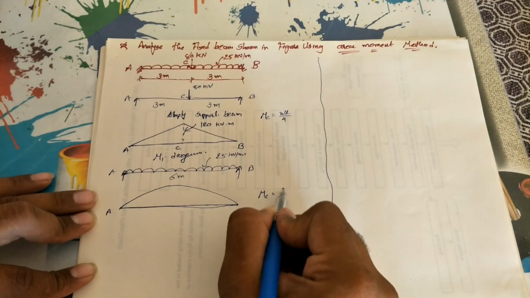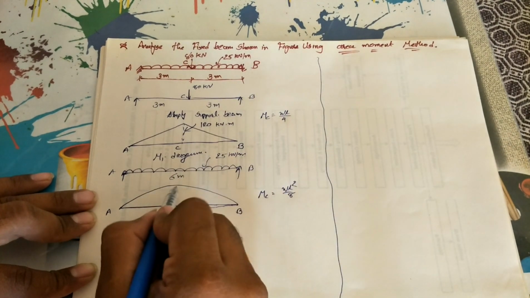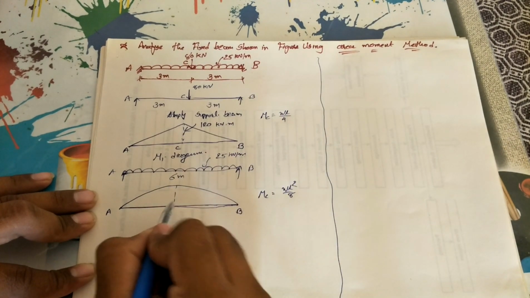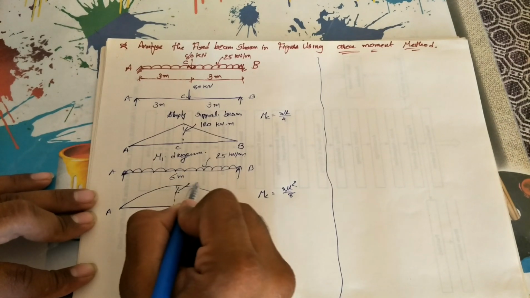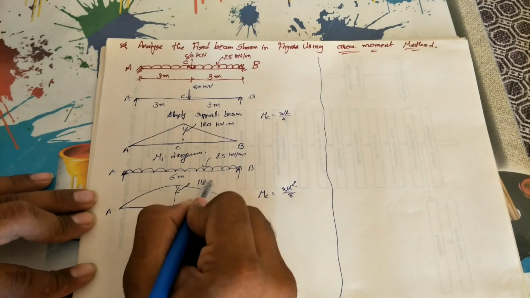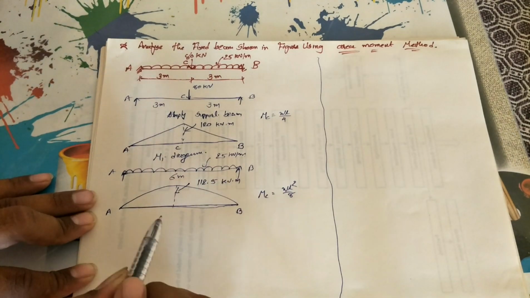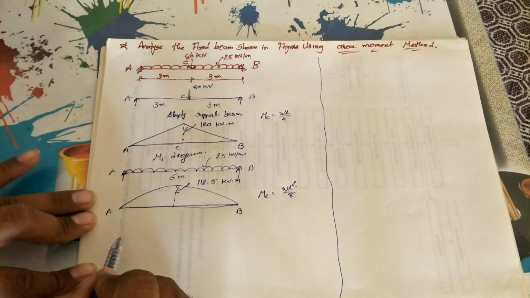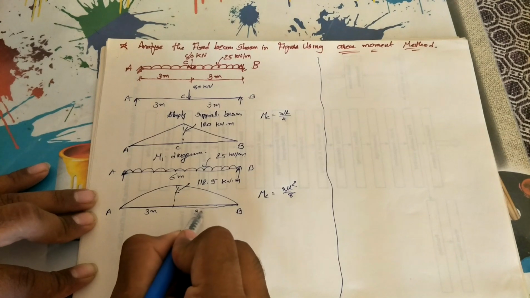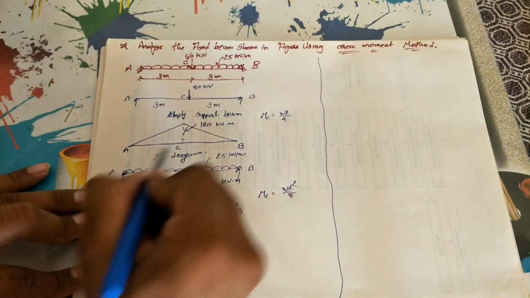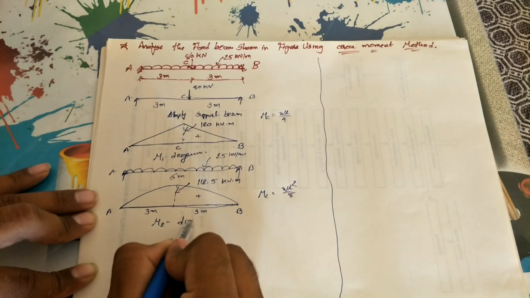W is 25, L is 6 square, divided by 8. So the moment at center is 25 into 6 square divided by 8, that is 112.5 kilonewton meter. This is 3 meter, plus value.